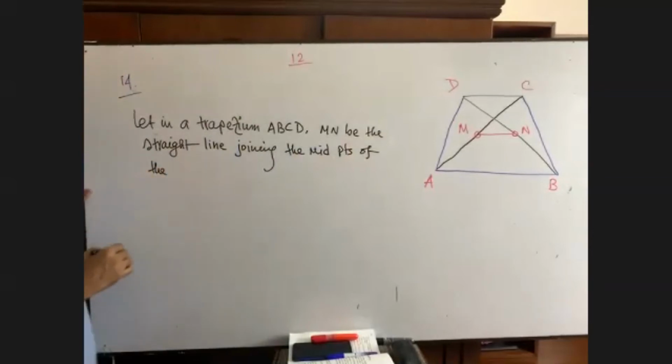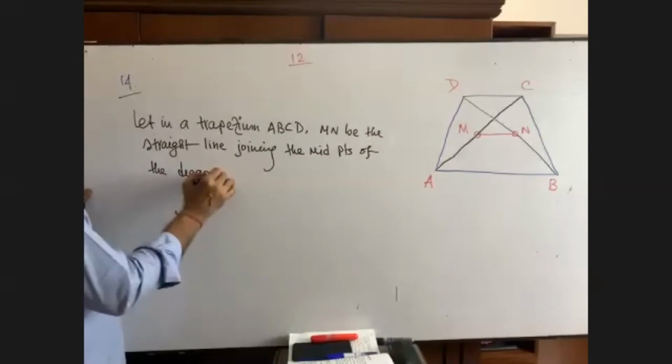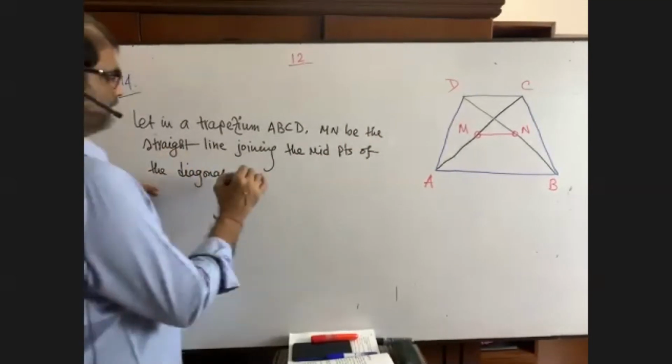That time it was sides, of the diagonals AC and BD.